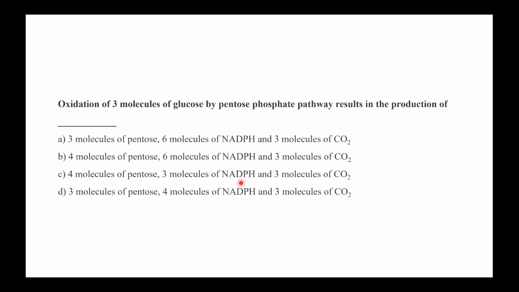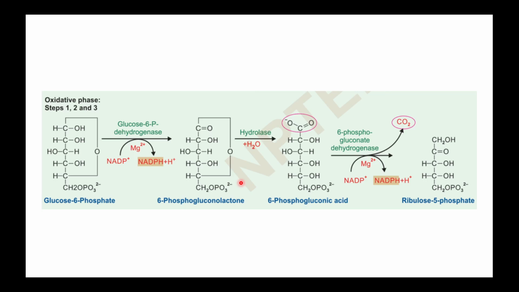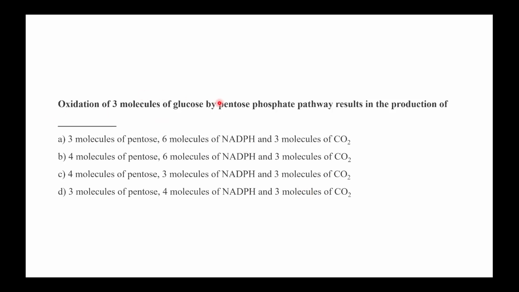So 3 molecules of glucose means 18 carbons, right? And you saw in the oxidative step, 1 molecule of glucose is leading to 2 molecules of NADPH. Okay, so that means 3 molecules of glucose will give 6 molecules of NADPH.